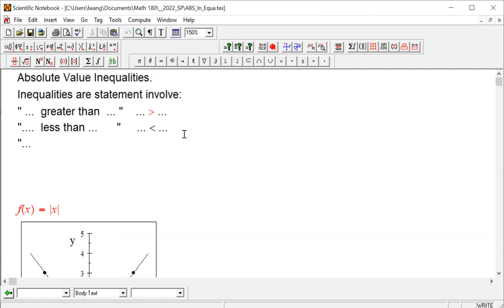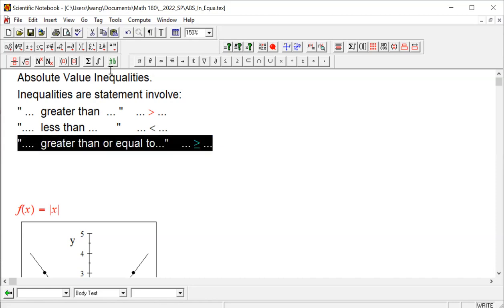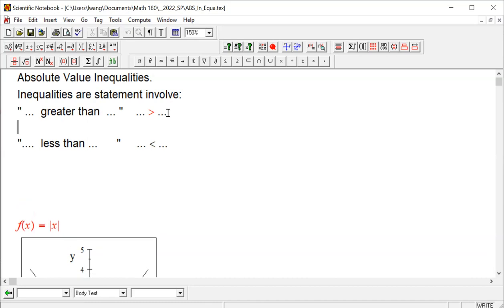Other inequalities will be a combination, such as greater than or equal to. The symbol would be greater than or equal to. If I put this category right next to greater than, this is greater than and this is greater than or equal to.